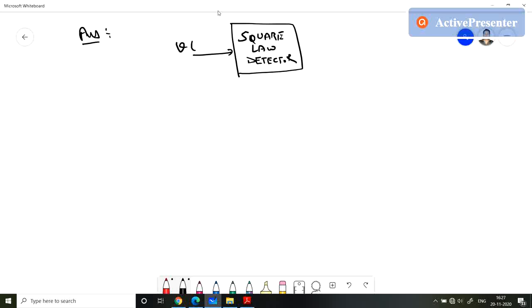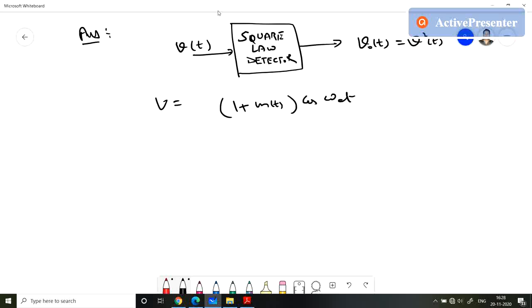This is input V(t) and this is output V0(t), and that is equal to V square (t).